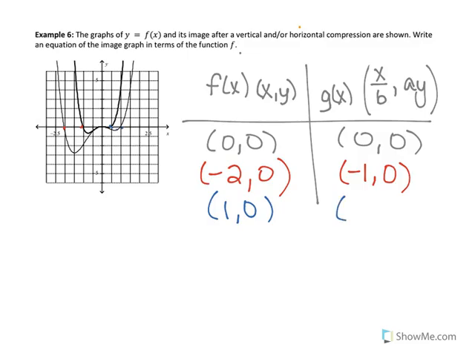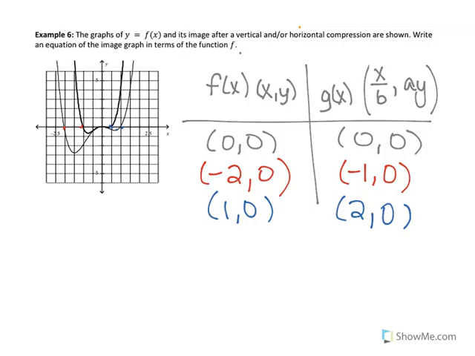And then it looks like it's at (2, 0) over here. So really what you want is 2 points, or 1 point, that'll show you how it gets manipulated from one thing to the next.